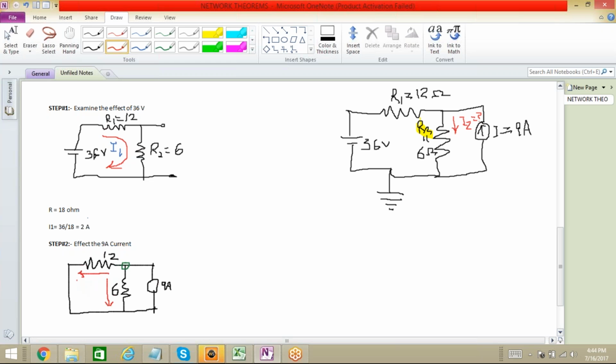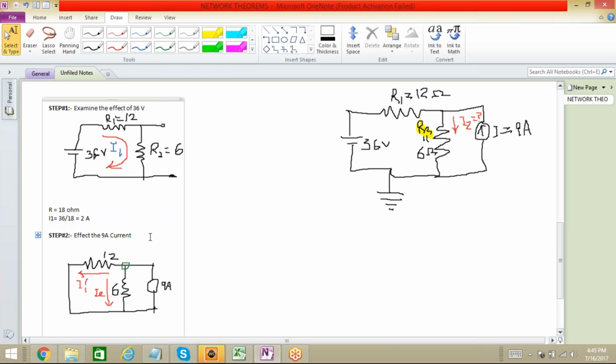Let me mark it as I1 bar, and this as I2, that we have already supposed from the very beginning of this example. So now examine the effect of the 9 ampere current. These 12 ohm and 6 ohm resistors are in parallel. So how can you specify this? Let me write it for you over here.